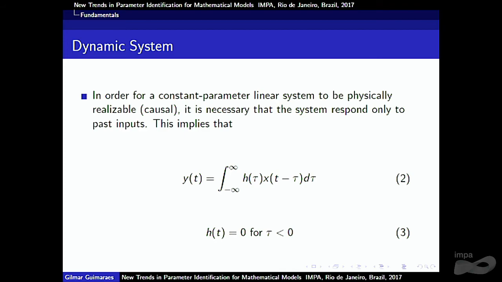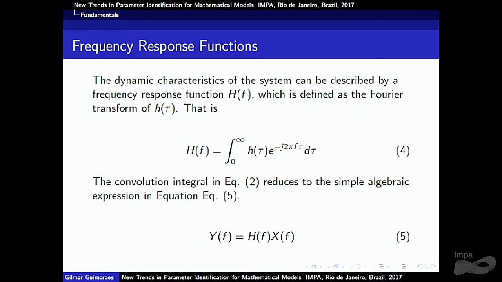Using the Fourier transform, the frequency response in this case is a complex number, and the convolution integral in the frequency domain is just a multiplication equation.